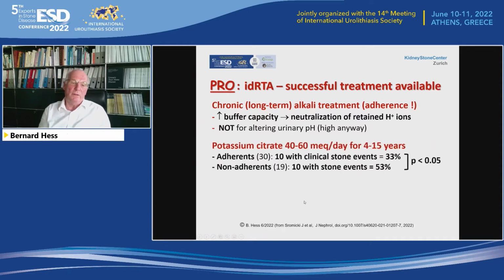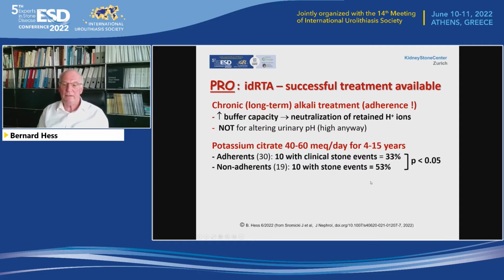In our study, we prescribed or suggested 40 to 60 milliequivalents of potassium citrate per day, and we were able to follow patients up to 15 years. After this time, I did phone calls. I found 30 who had completely adhered to this regimen, and they had a 33% clinical stone event rate over these years.